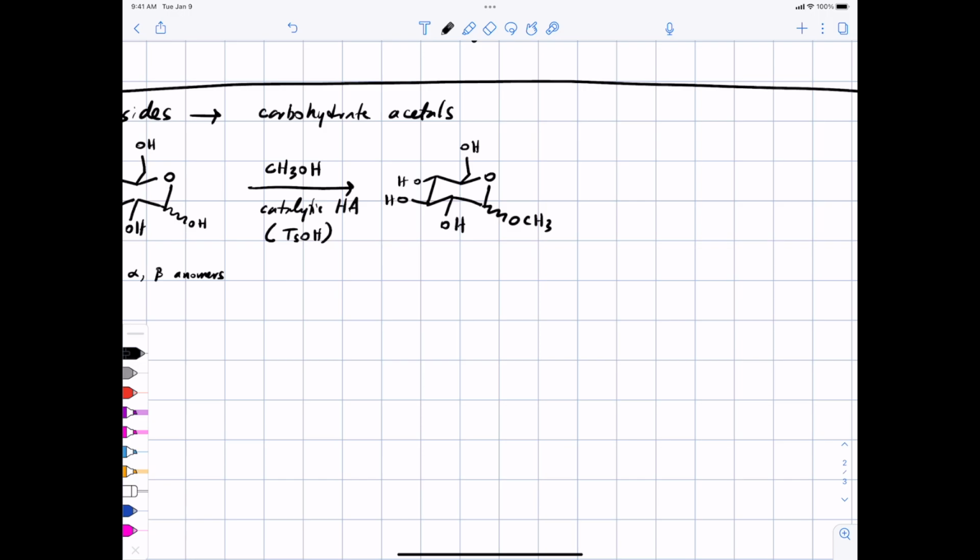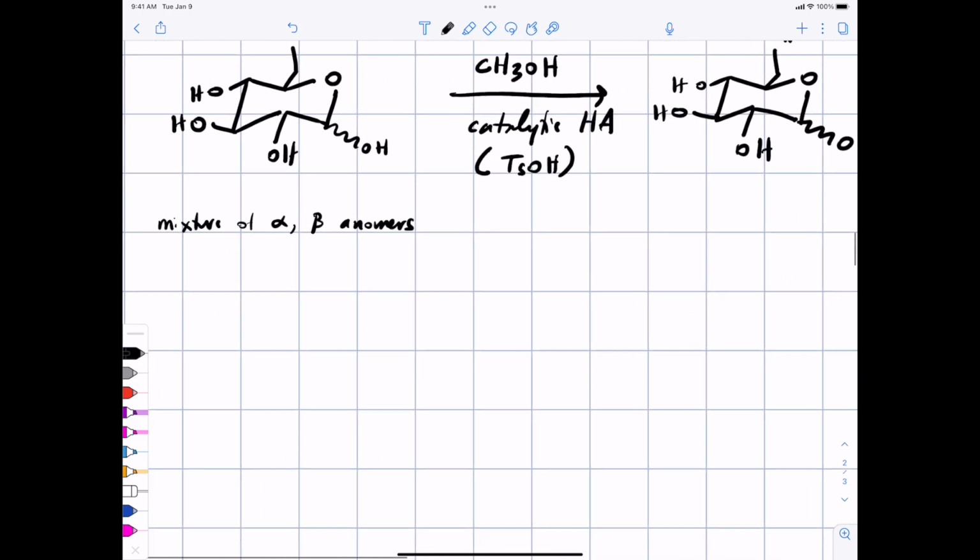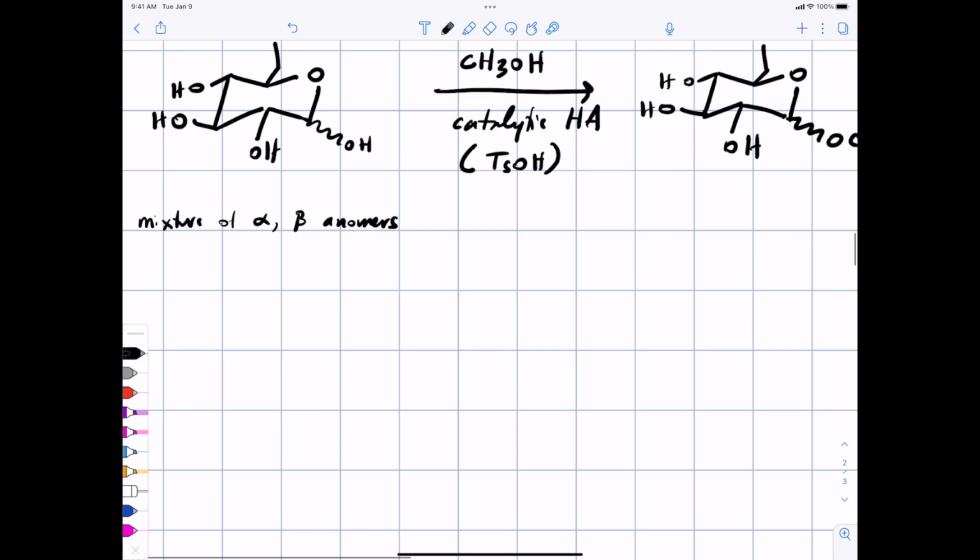This mechanism is a review mechanism. You should be able to draw this, and for simplicity's sake, what I will do is draw it like this. We protonate the OH group.